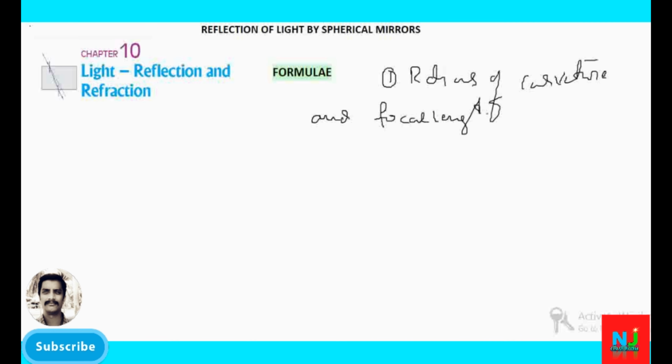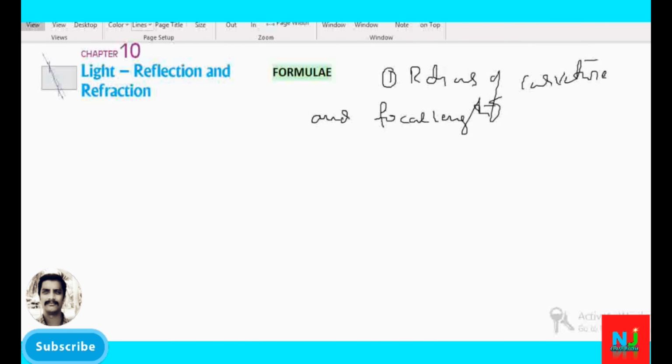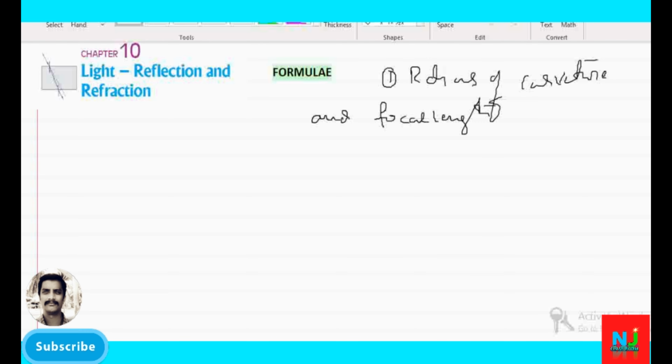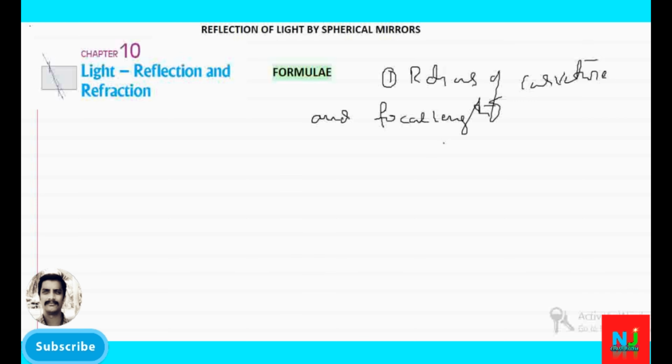Radius of curvature is r, focal length is f. Radius of curvature is equal to twice the focal length, or the focal length is always equal to the radius of curvature by 2. So r is the radius of curvature, f is the focal length. This is the first relation we must know.